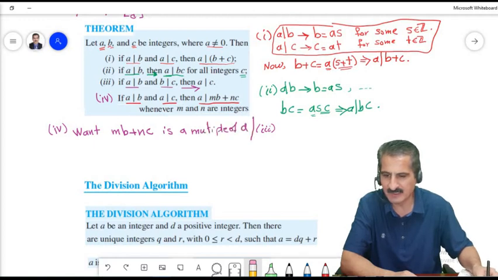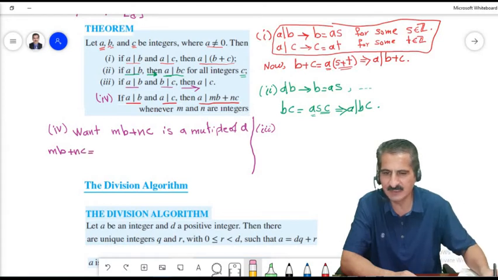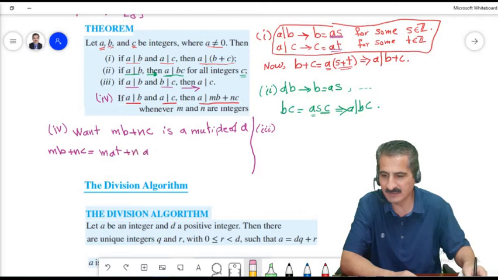Okay, so this is easy. mb plus nc equals, so b is a times s and c is a times t, so we will get m times at plus n times as, and this simply is a times (mt plus ns), and then we are done.